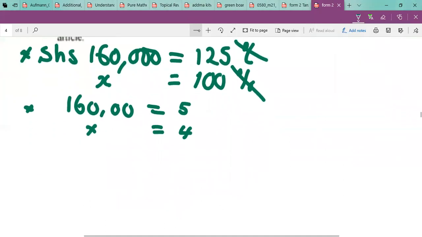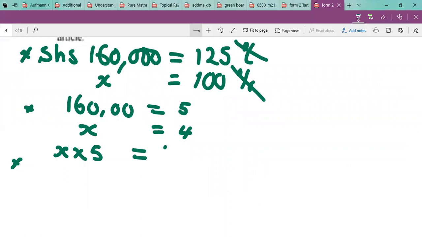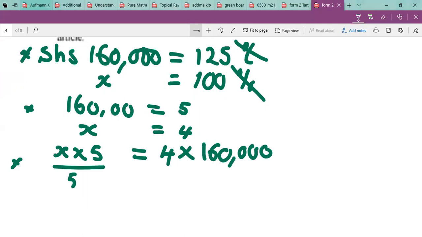Meaning that we'll say, take note, this is X. We'll say X times 5 is equal to 4 times 160,000. So to find X, we divide both sides by 5.